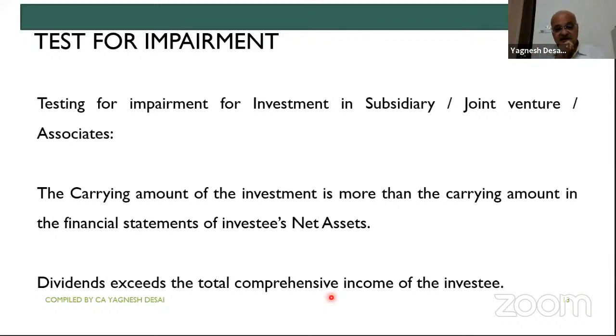Now see what they say: your subsidiary has given you a dividend, suppose of 10 crores, and your total comprehensive income is say 8 crore rupees. So what they say is that since your dividend of 10 crores is more than the TCI of 8 crore rupees, you should go for the impairment test, which I don't tend to buy. I am not inclined to buy this.